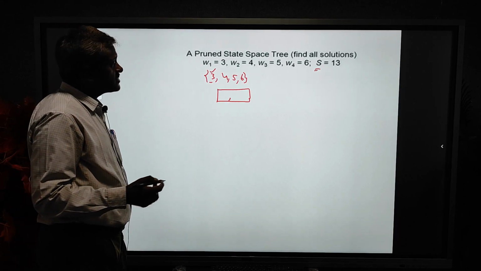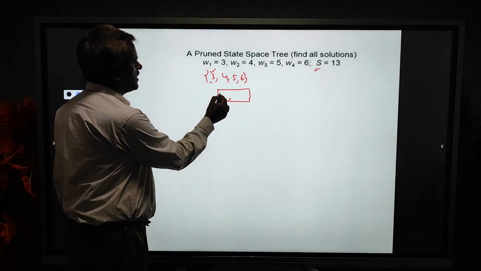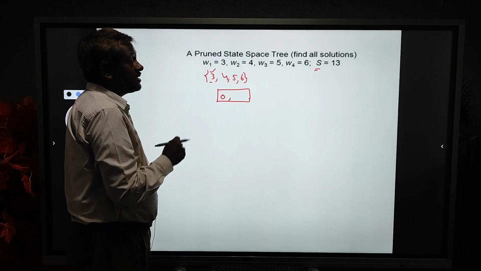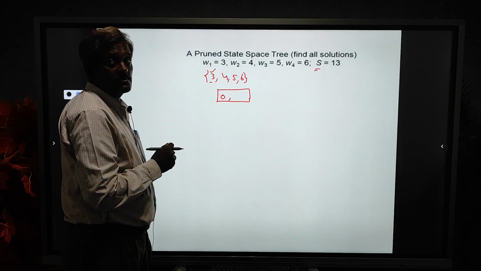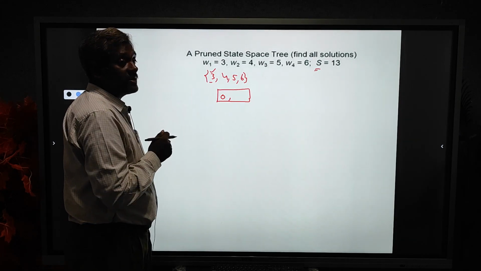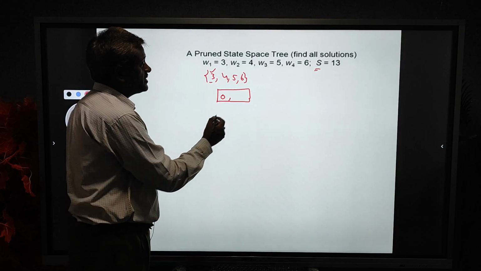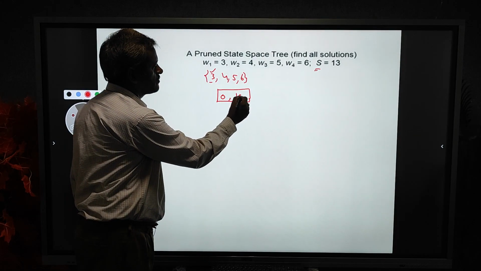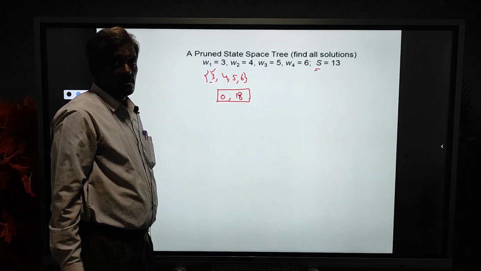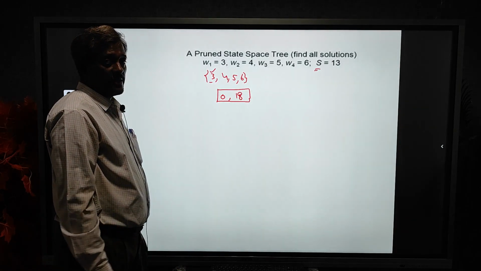Initially I am not considering any of the elements, that is 0. Now the sum of the elements to be considered: 3 plus 4 is 7, 7 plus 5 is 12, 12 plus 6 is 18. That means this is the starting node where I didn't consider anything.